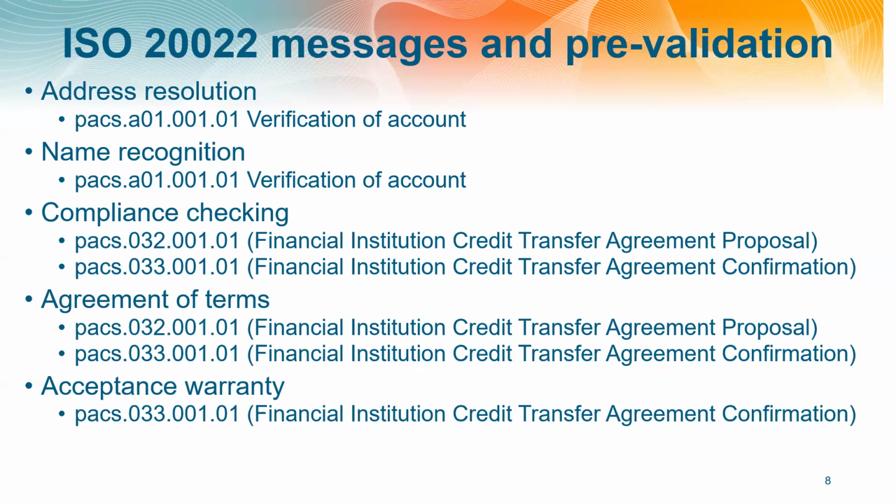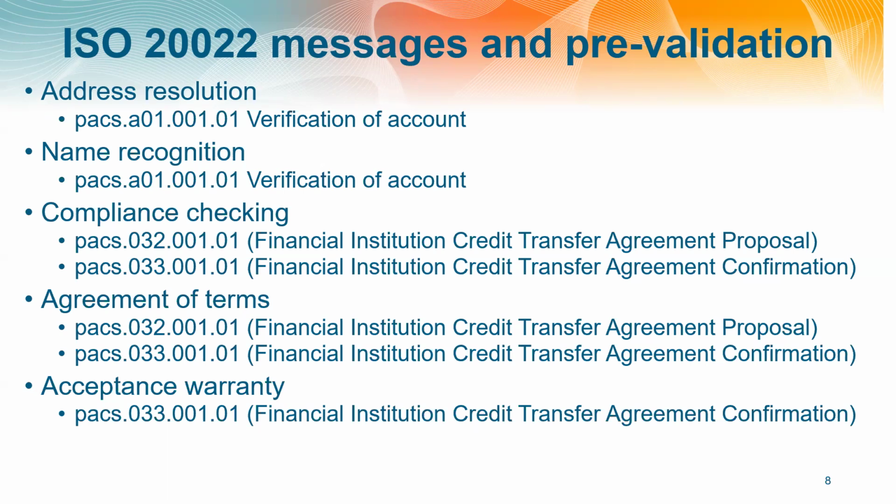And we had to agree, which of course we did, that we would make some changes if the versions eventually approved were not exactly the ones we were doing. So, good news on that front. We have API candidate messages in ISO 20022, which cover all of the phases of pre-validation.